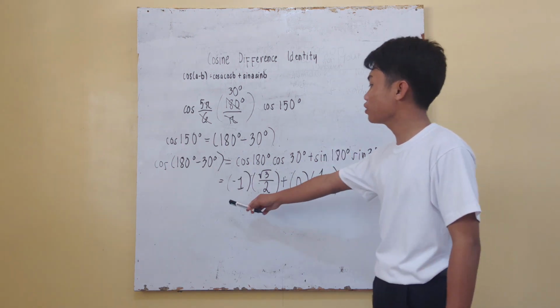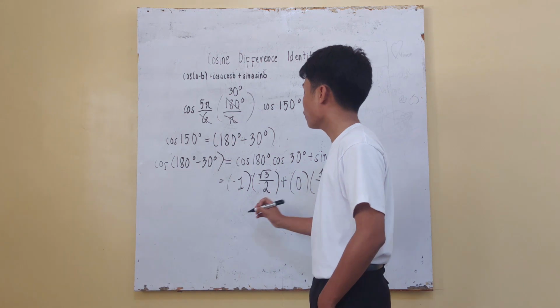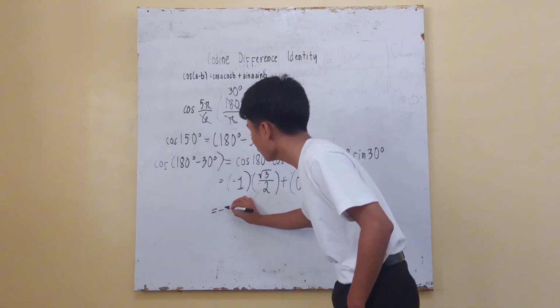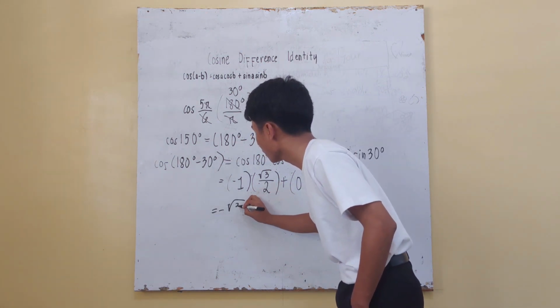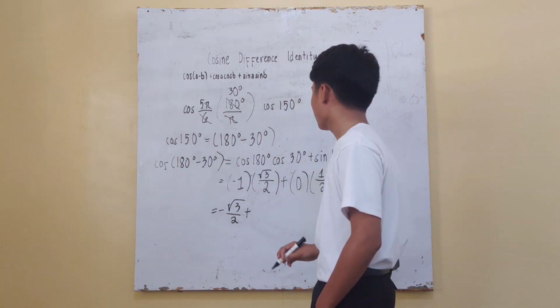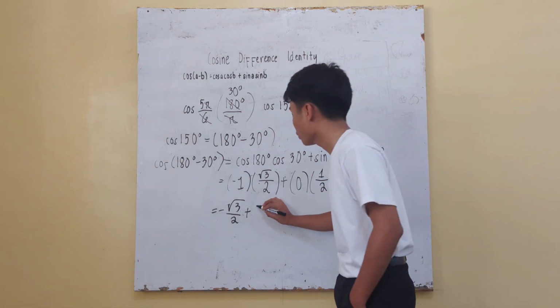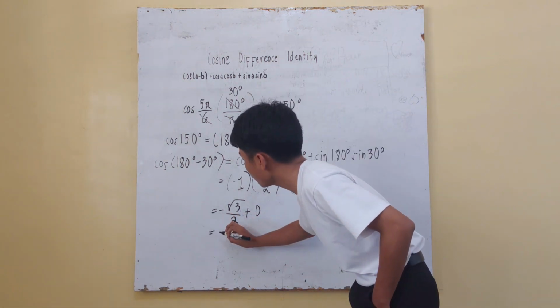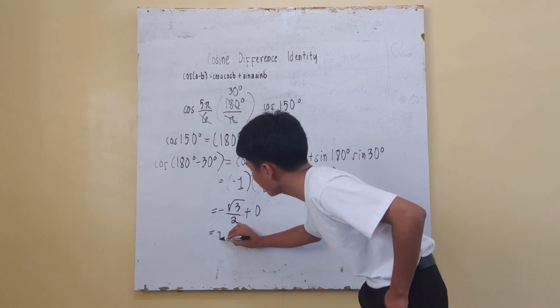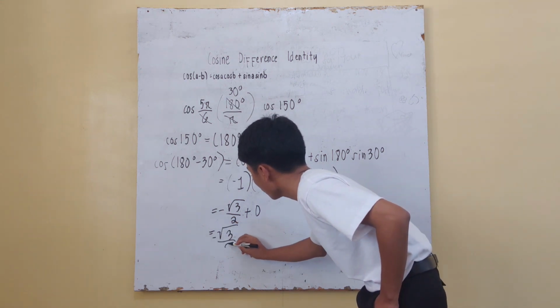First, we multiply these two. Negative 1 multiplied by square root of 3 over 2 is negative square root of 3 over 2, plus 0 multiplied by 1 half is 0. So the value for cosine 150 degrees is negative square root of 3 over 2.